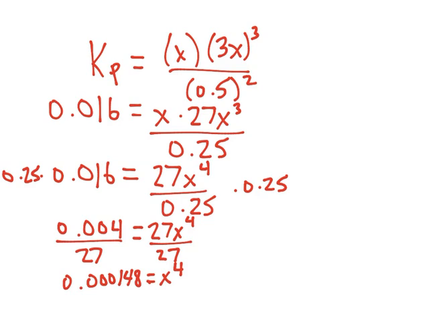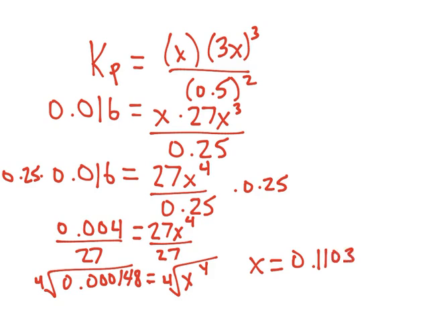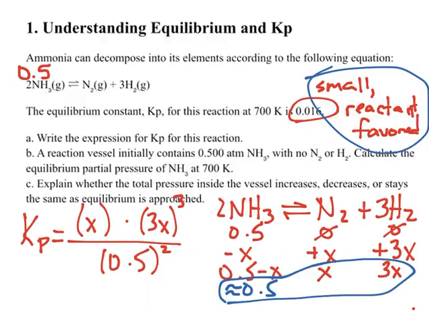So now we need to take the 4th root of both sides here. And x ends up being 0.1103.